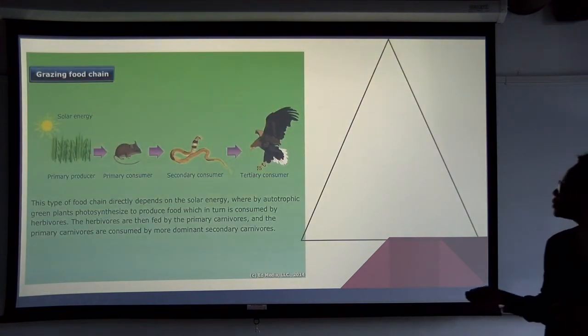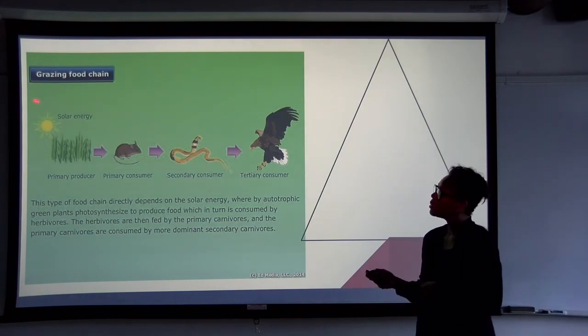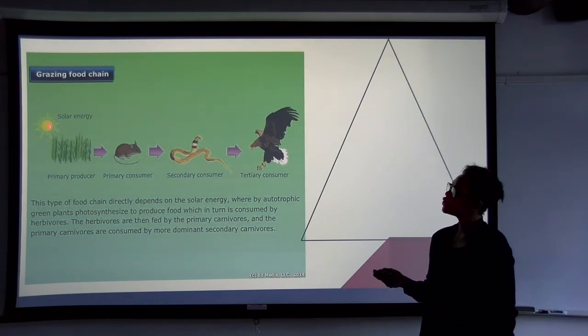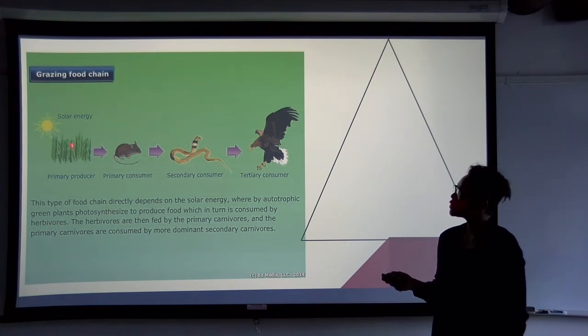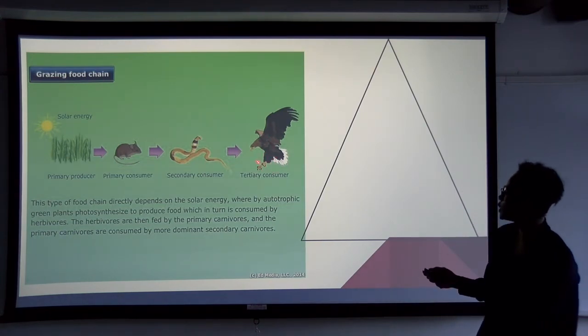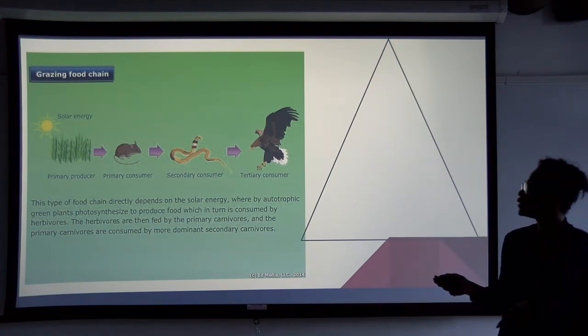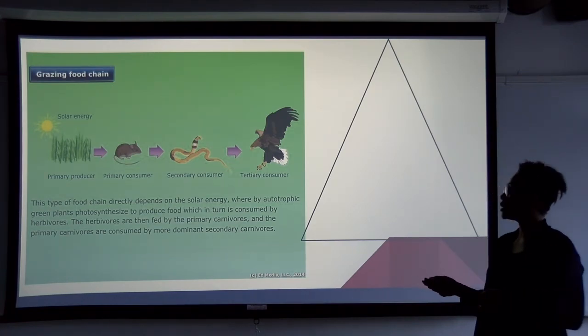So let's go to a food chain. In this food chain, the primary source of energy comes from the sun. That energy is then transferred over to the grass, then to the mouse, to the snake, and to the hawk, to the eagle in this picture. At each stage, energy is lost because energy is used in order to consume.